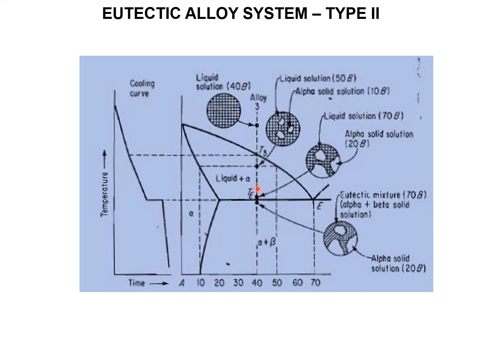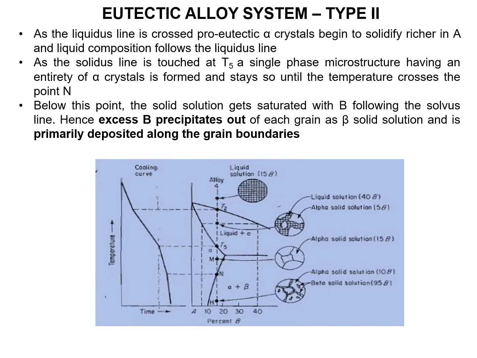Still we are reducing the temperature, so the solid grain size will increase. Once it crosses this eutectic line, the entire liquid is converted into eutectic mixture plus alpha solid solution. That is called alpha solid solution. So this is about alloy 3.